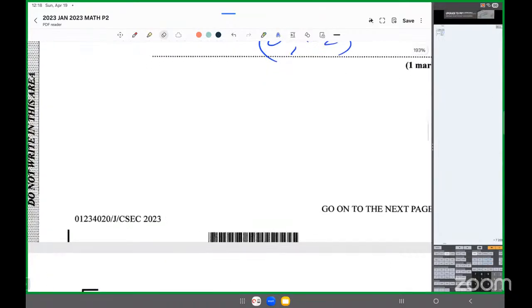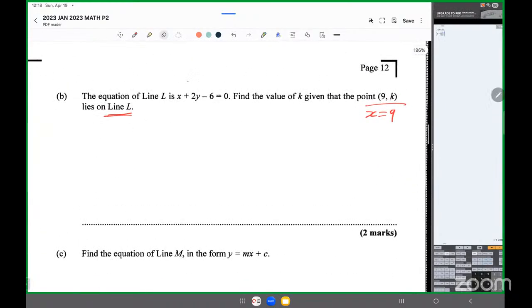So you do it by calculation. You plug the coordinates into the equation because the coordinates satisfy the equation. So you plug the values into the equation.